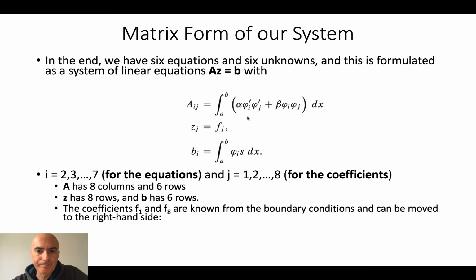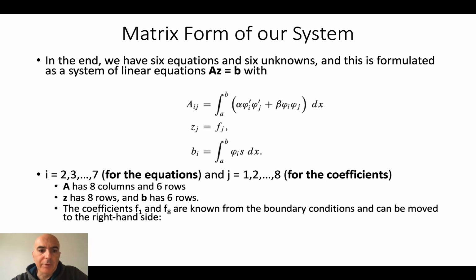Here we have alpha multiplying phi i prime phi j prime, and then we have a term that is just taking the values of the functions phi i and phi j multiplied by b. Then our b, the source term in this linear system, will also be an integral from a to b of the source function multiplied by the test function. In this case, these are also the nodal functions, since we are using the Galerkin method.